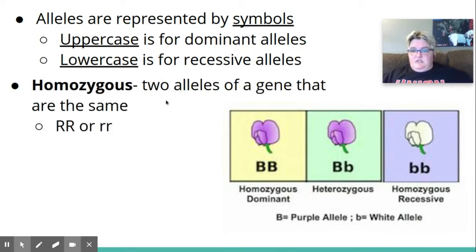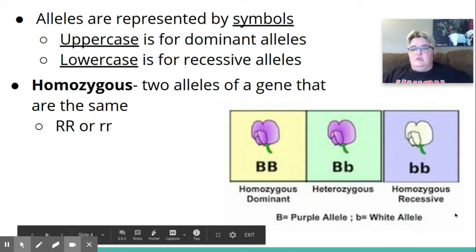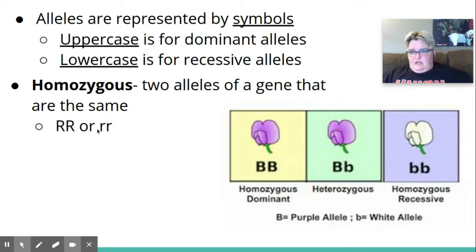And again, homozygous means that the two alleles of a gene are the same. So you can have homozygous both capital, you can have homozygous both little. Like I said here, they use the R's. Doesn't matter what letter we're using. It just means both of them capital, both of them little. If they're both capital R's, then they're homozygous dominant. Both little r's, homozygous recessive.